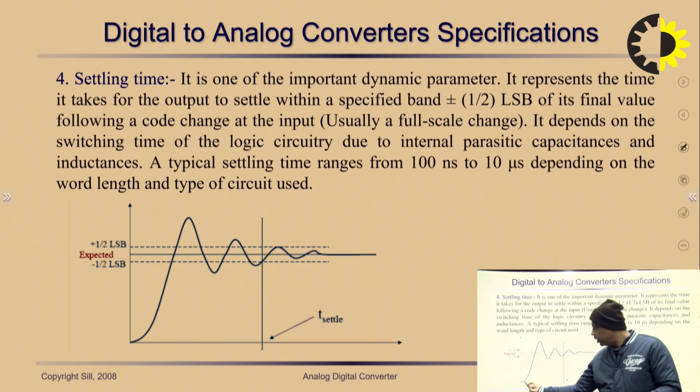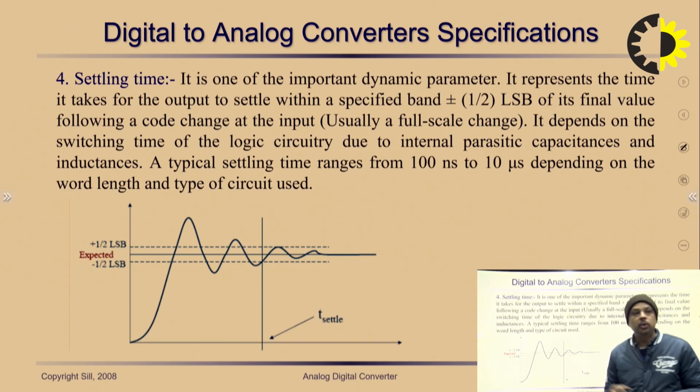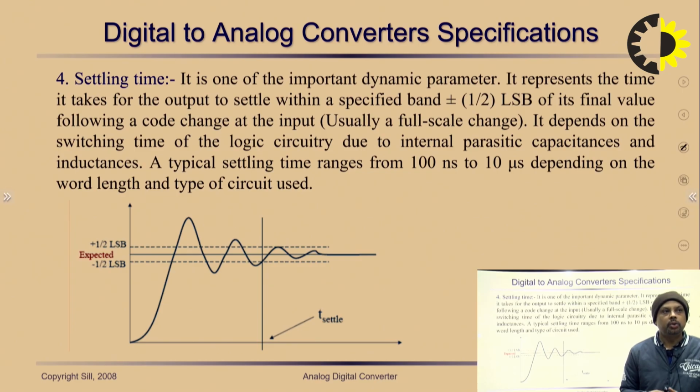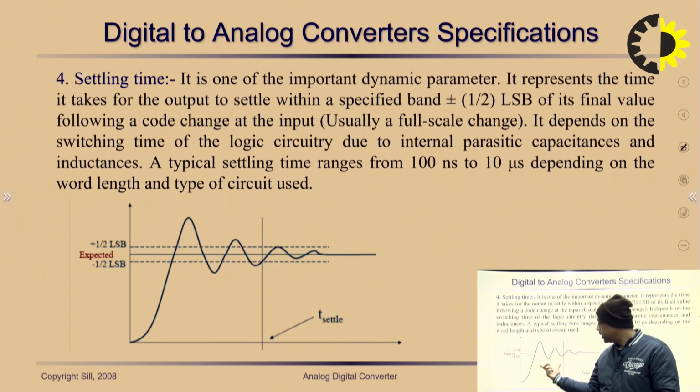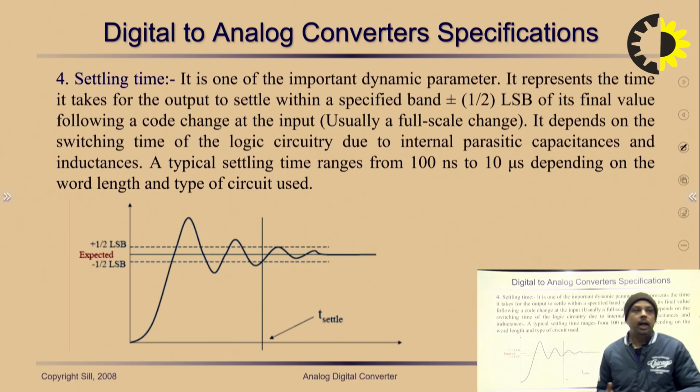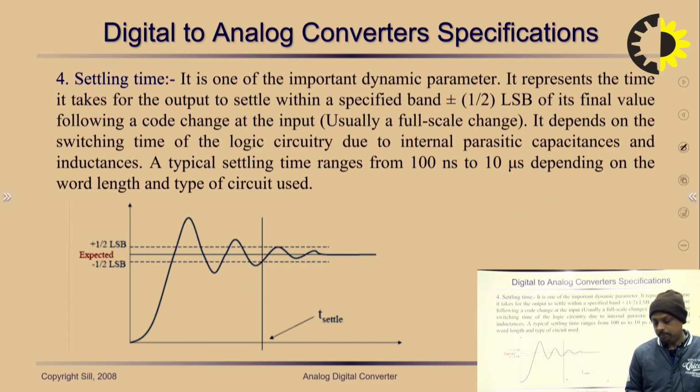So that amount of time is required to settle the input provided to the digital to analog converter to produce an output. So this is one part of the actual conversion time, the settling time.